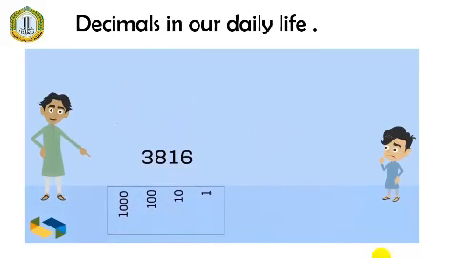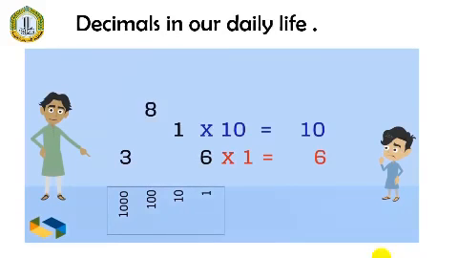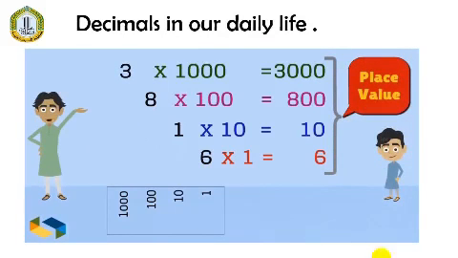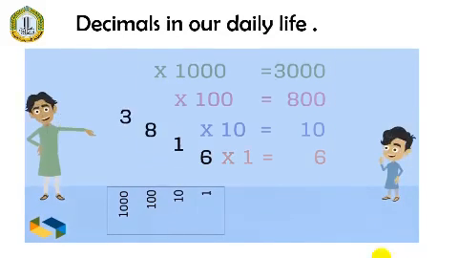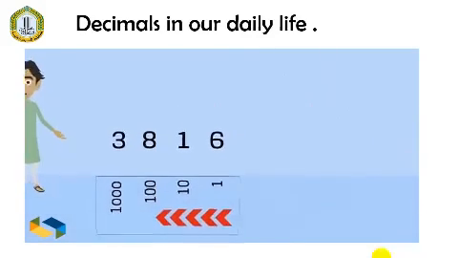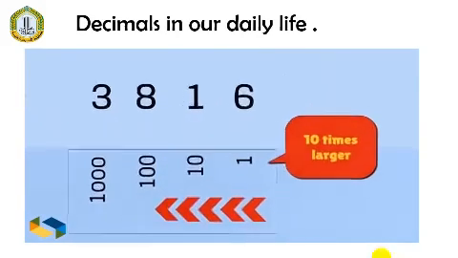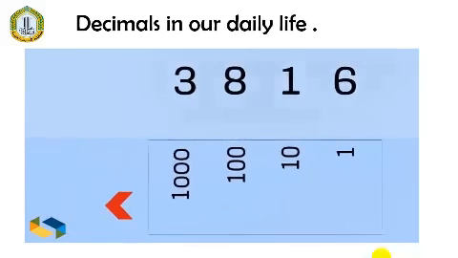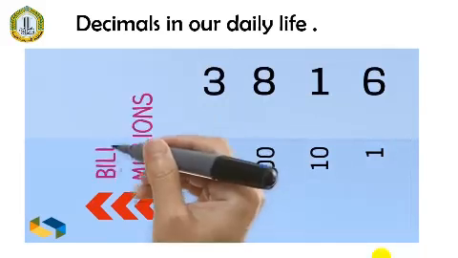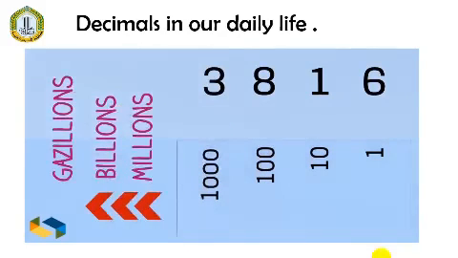The number 3816 is in fact the sum of 6 ones, 1 ten, 8 hundreds and 3 thousands, each having its own place value. As you move from right to left, each position is 10 times larger than the previous place value. We can keep going further left to represent bigger numbers in the order of millions, billions and so on.